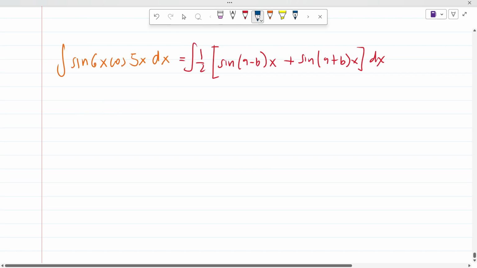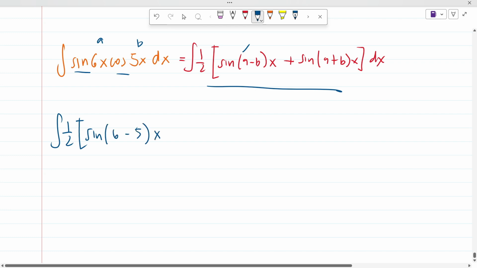So the next problem, guys, the integral of sine 6x cosine 5x dx. If you noticed earlier in the formula, when it is in the format of sine and cosine, this is the formula to use. So a represents 6x and b represents 5x. The integral of 1 half, the sine of a minus b, so 6 minus 5, x, plus sine of a plus b, 6 plus 5, of x dx.